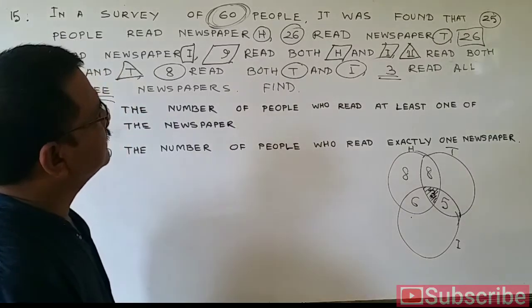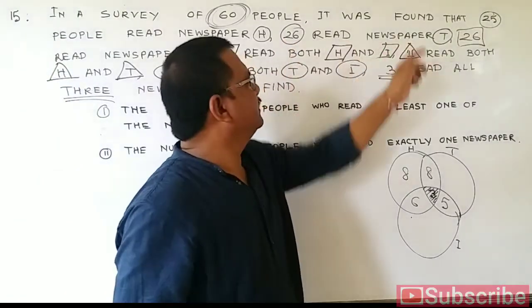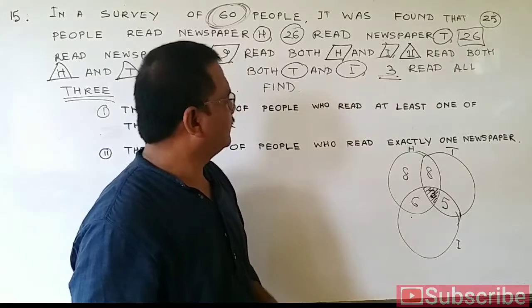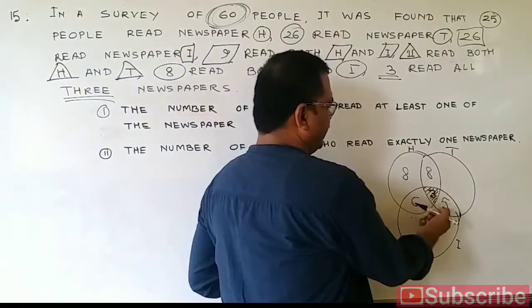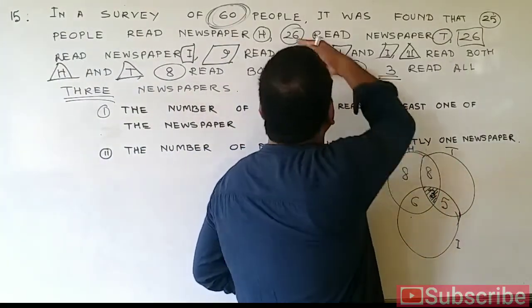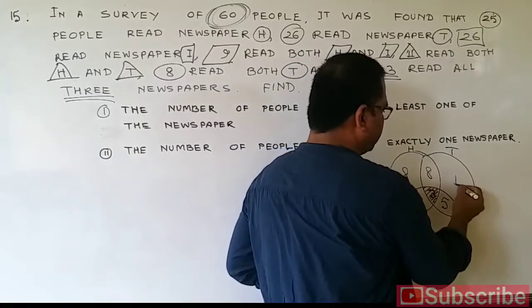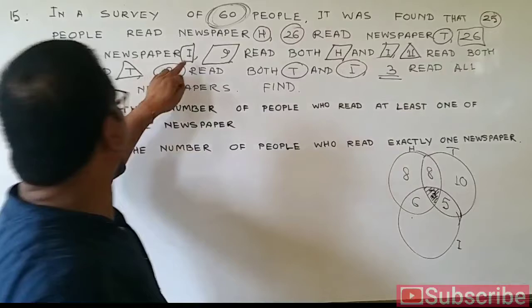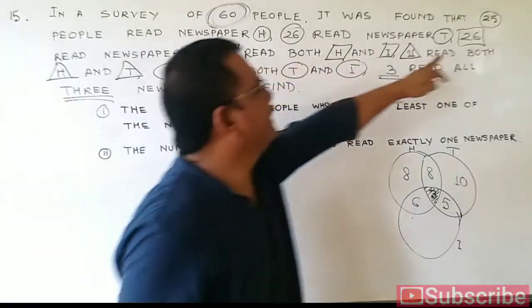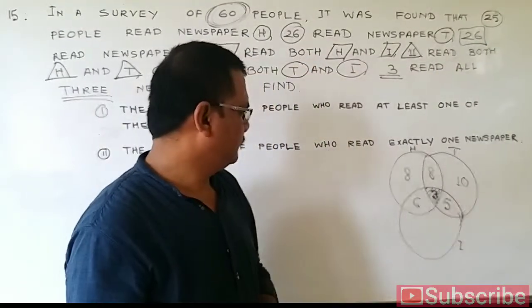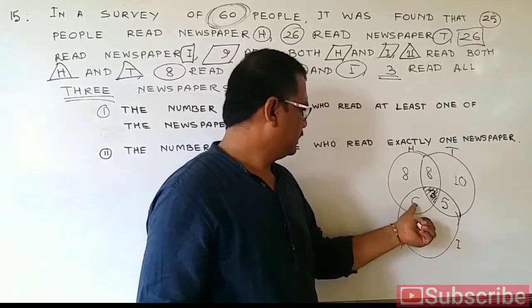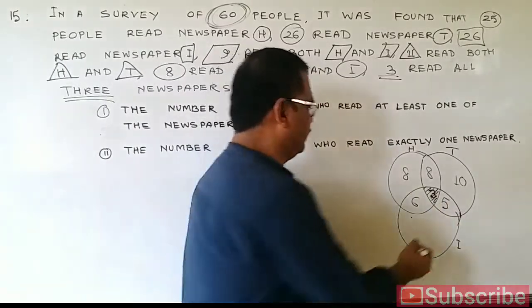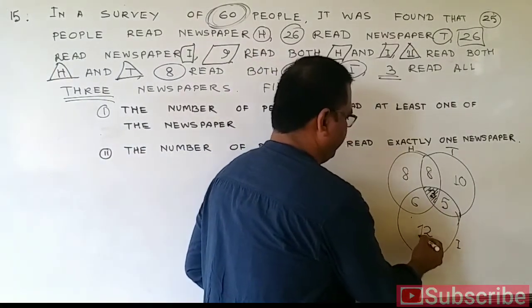Now paper T. Again 26 read newspaper T. There 8, 16, and 26, so 10, I think. Newspaper I, this one, 26 people read newspaper I. Then 6, 5, 11, 3, 14. I think this is 12.